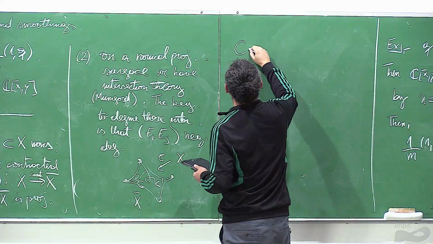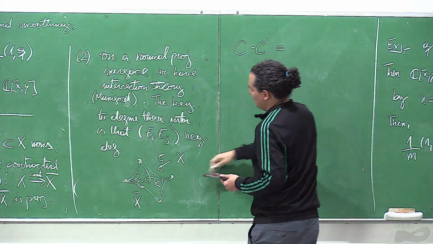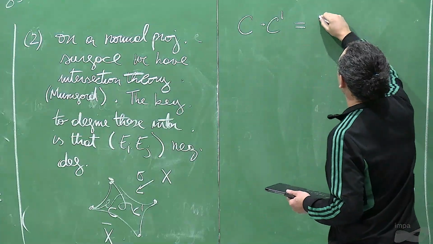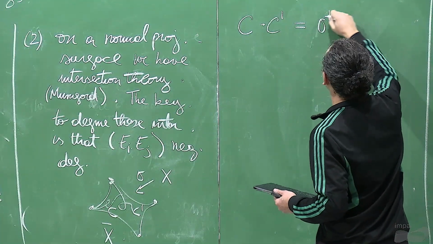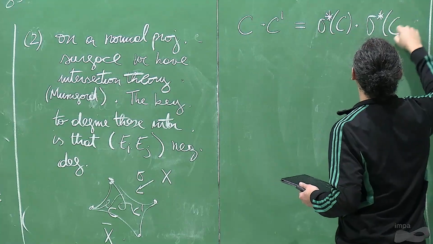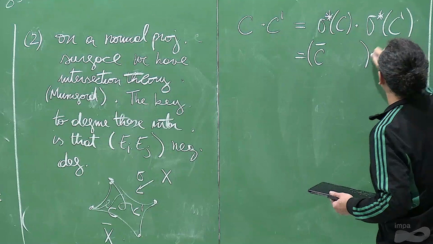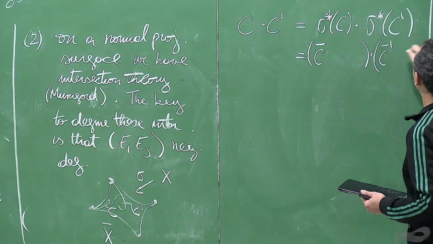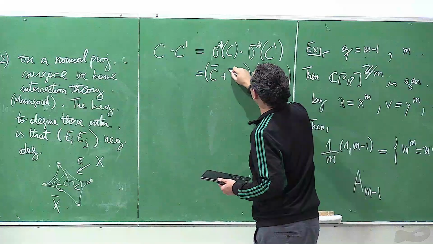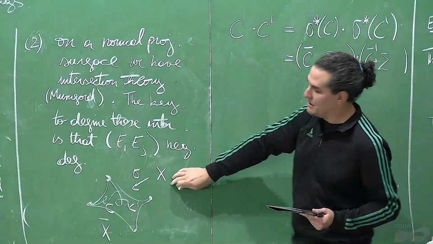So C, I want to know C dot C prime. Then this is birational, so it is equal to the pullback of C dot pullback of C prime. But now I take the proper transforms, bar C prime.